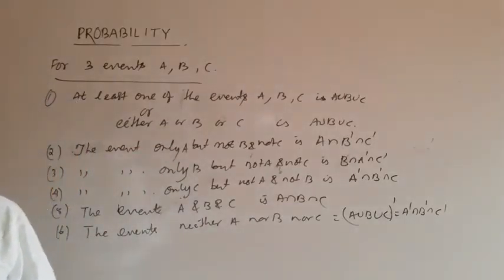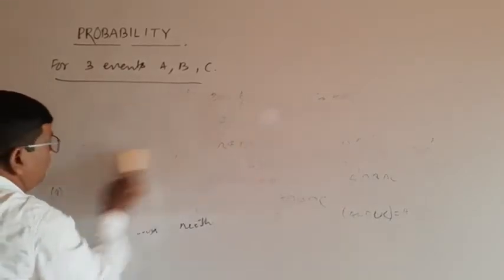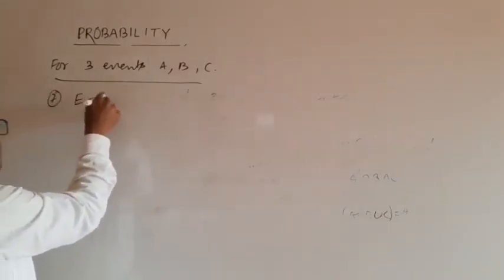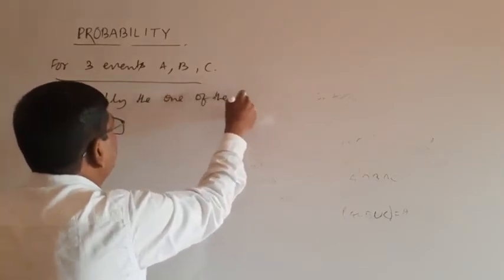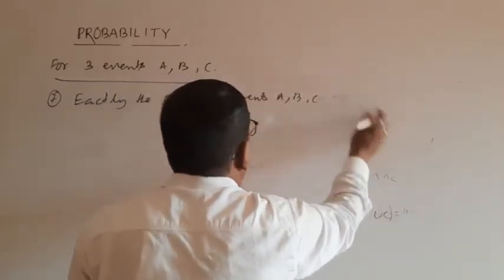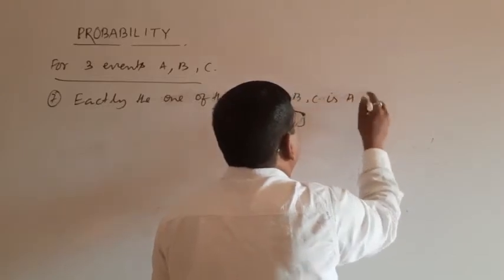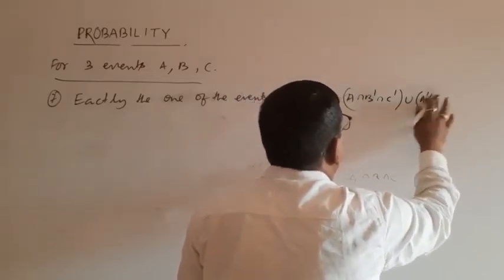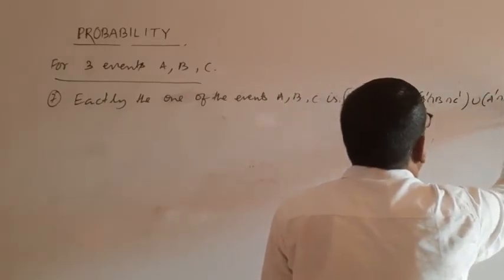Number 7 is exactly one of the events A, B, C. For three events, exactly one of the events A, B, C is A intersection B dash intersection C dash union A dash intersection B intersection C dash union A dash intersection B dash intersection C. This is exactly one of the events.